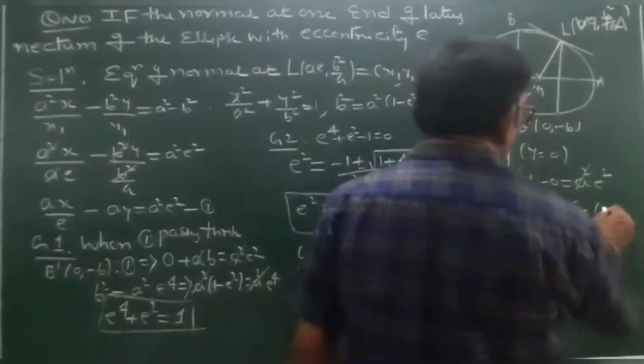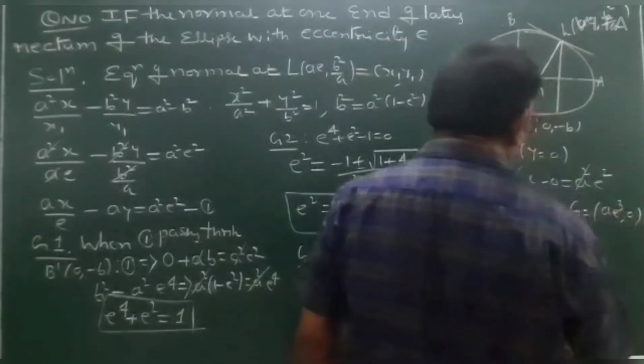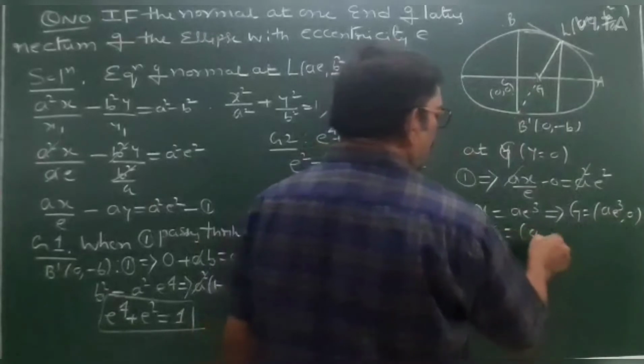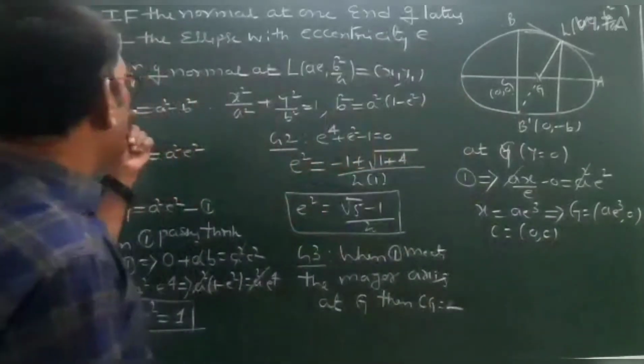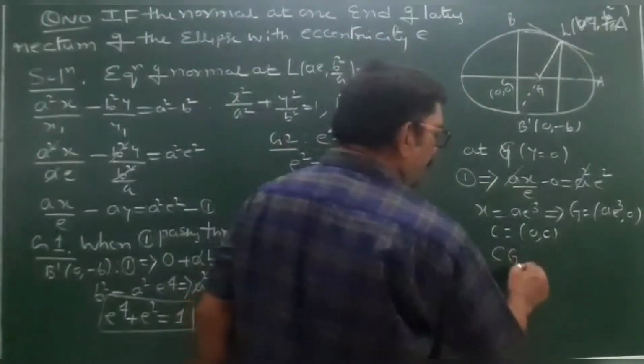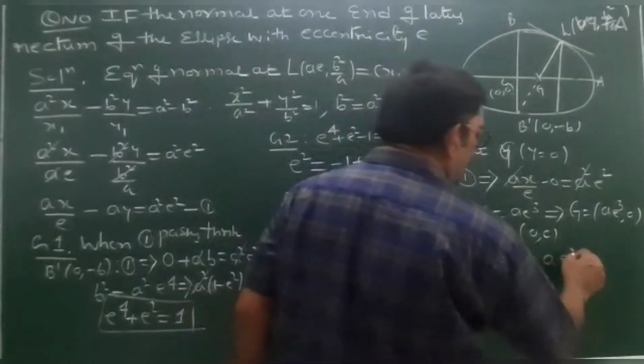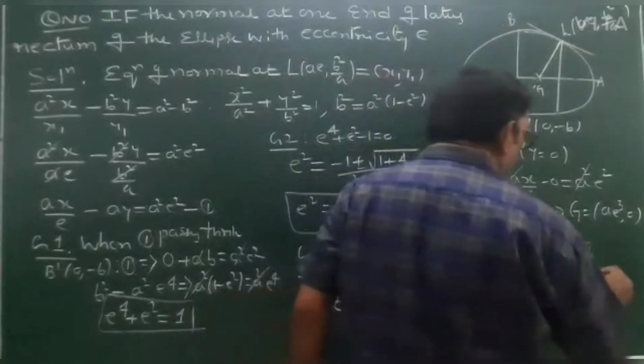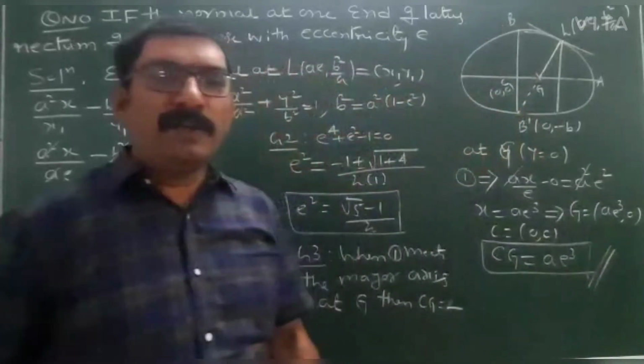Therefore, G is (ae³, 0). The center C of the ellipse is (0, 0). So therefore, applying the distance formula, CG = ae³.